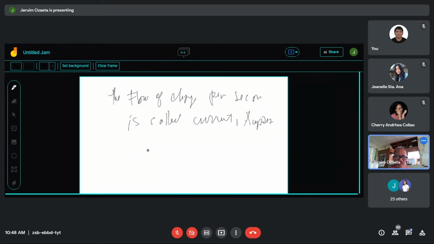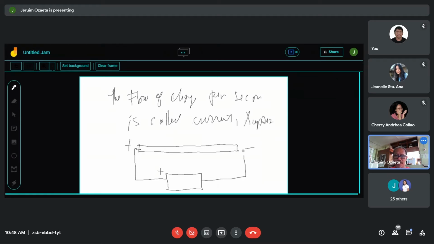So if, for example, the conductor now is subjected to a potential difference here, high potential here and low potential here, because this one is connected to a source of charge.